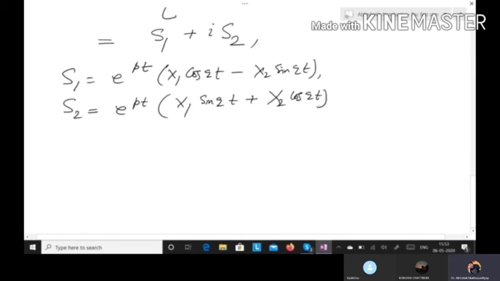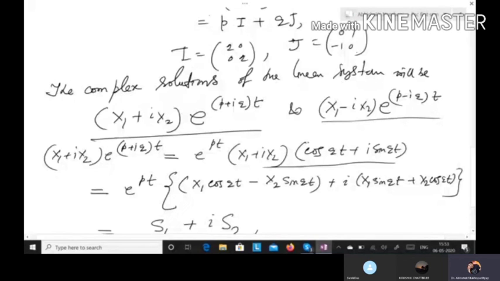And in a similar way, one can get the same thing for the other solution also, but in the conjugate form.